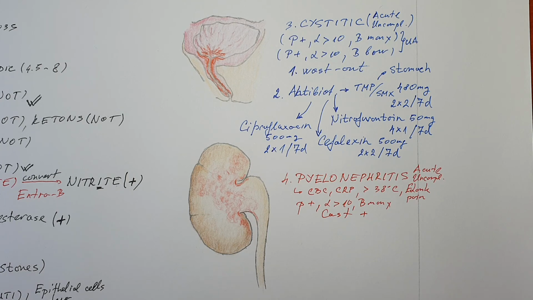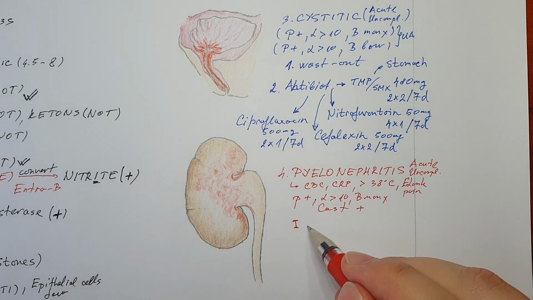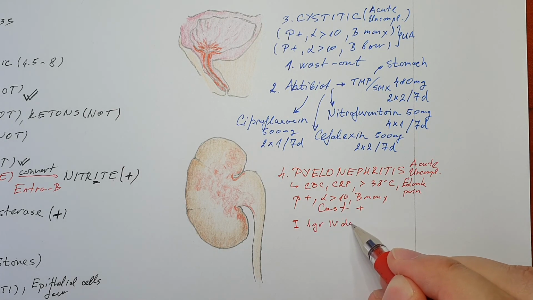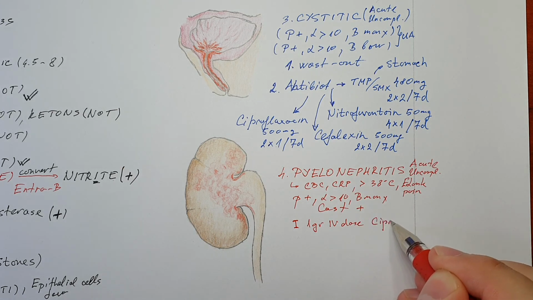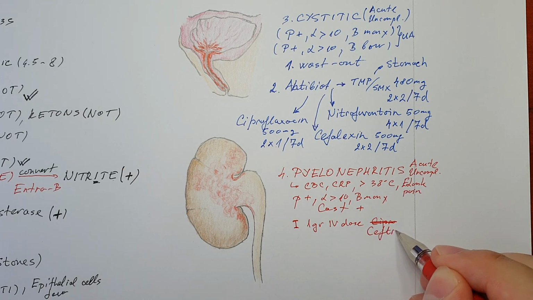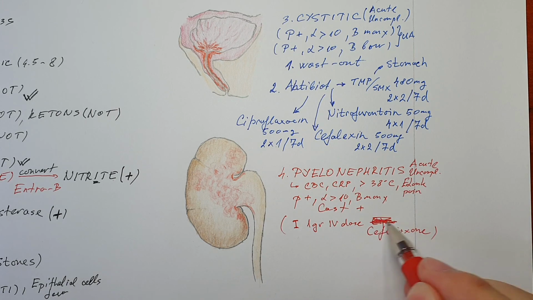For example, you could start the patient with an initial dose of 1 gram IV of ceftriaxone, which is a strong antibiotic.